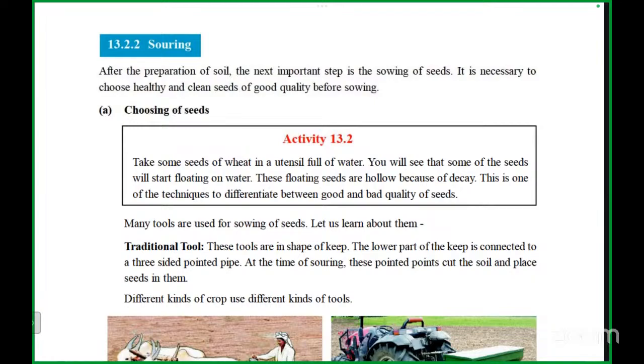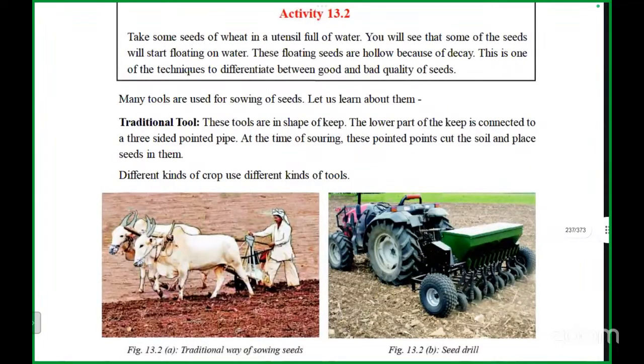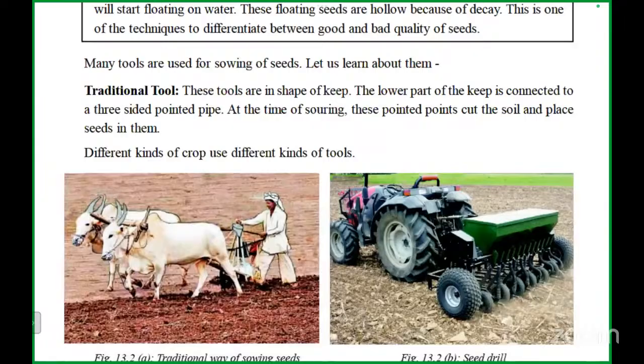Now then we have traditional tools. These tools are in the shape of a key. The lower part is connected to a three-sided pointed pipe. At the time of sowing, these pointed points cut the soil and place the seeds inside.